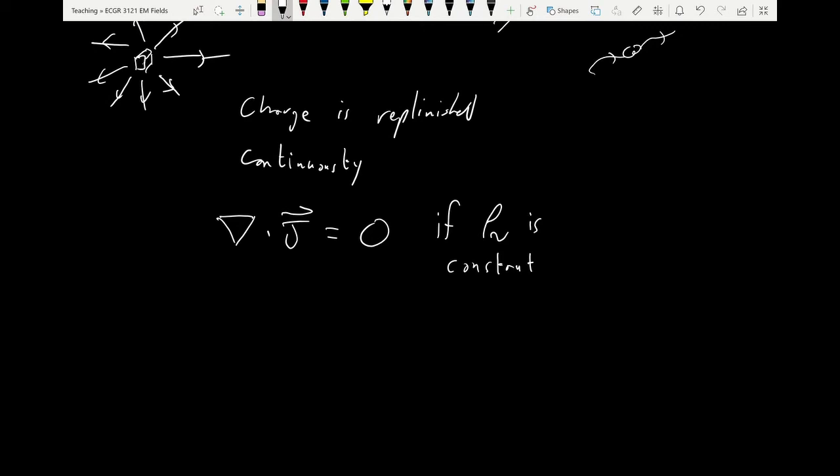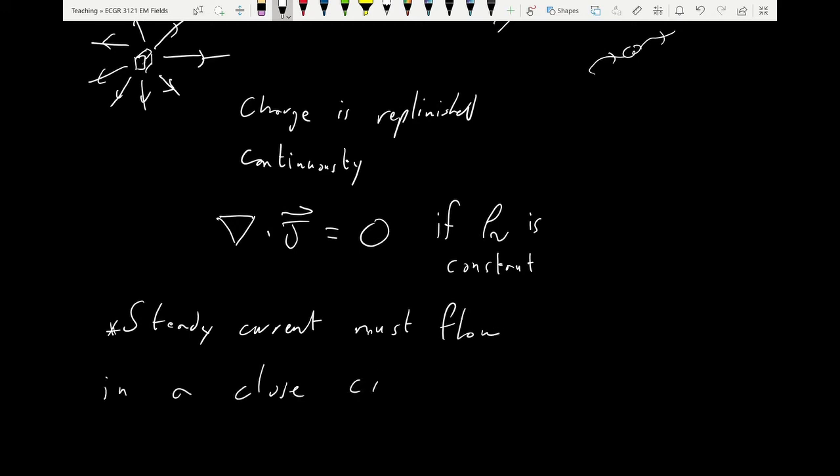Typically, steady current must flow in a closed circuit, right? Why must steady current flow in a closed circuit?